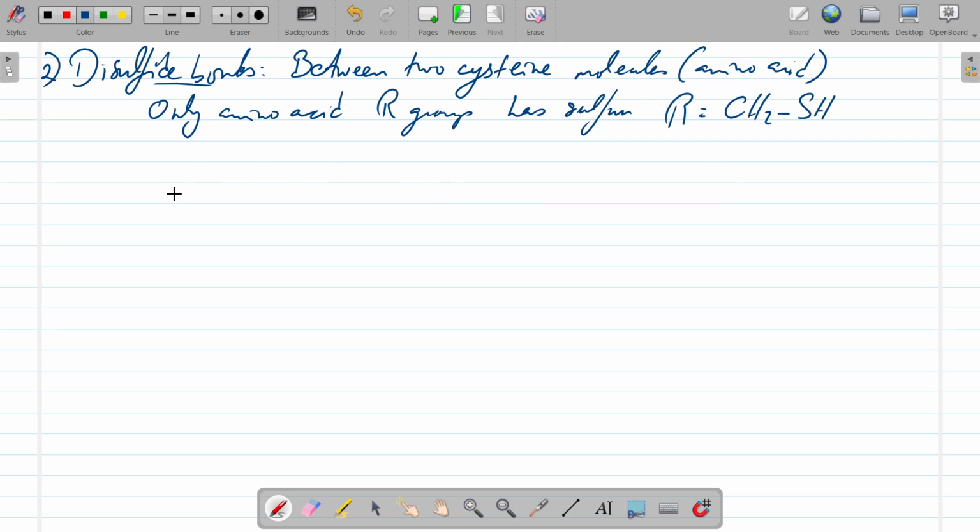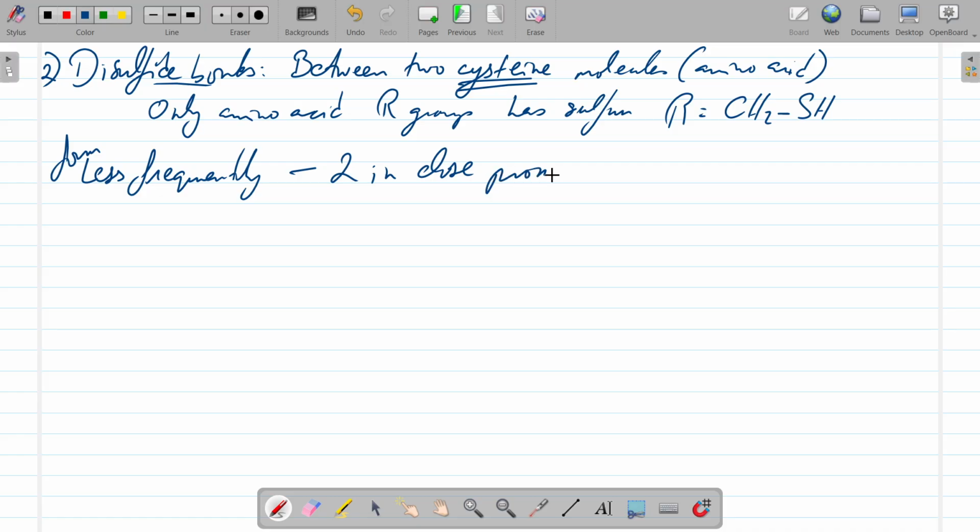And so what happens, right, these guys form less frequently because they can only occur between the specific amino acid cysteine. So if there's two of them in close proximity in the amino acid chain, what happens is there's an oxidation reaction.